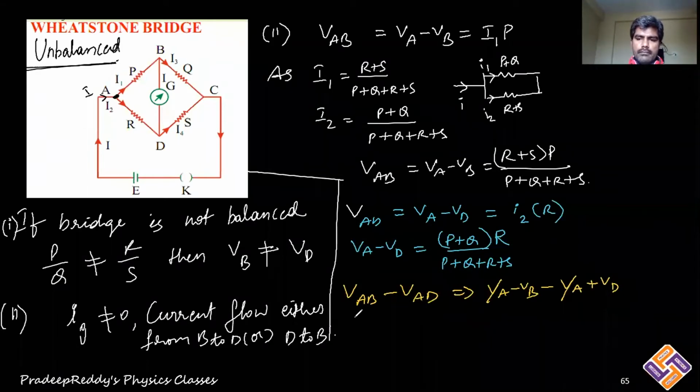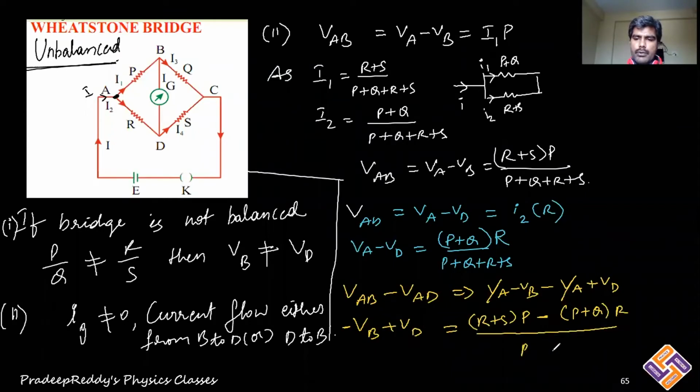Minus VB plus VD, which is equal to, you can just use these relations here. VAB we have got and VAD we have got. You can just substitute those expressions here. What do you get? ((R plus S) into P minus (P plus Q) into R) divided by (P plus Q plus R plus S).